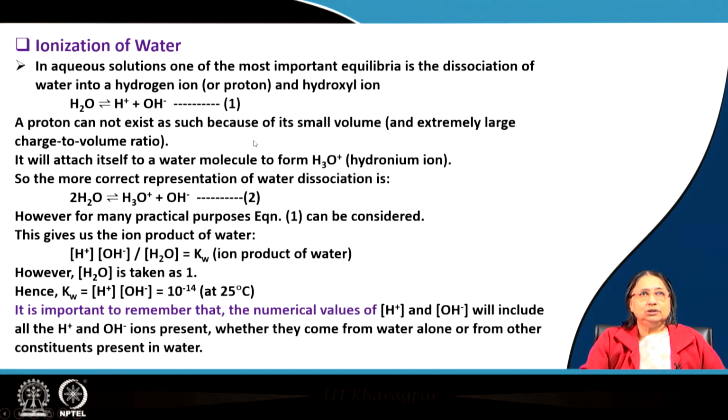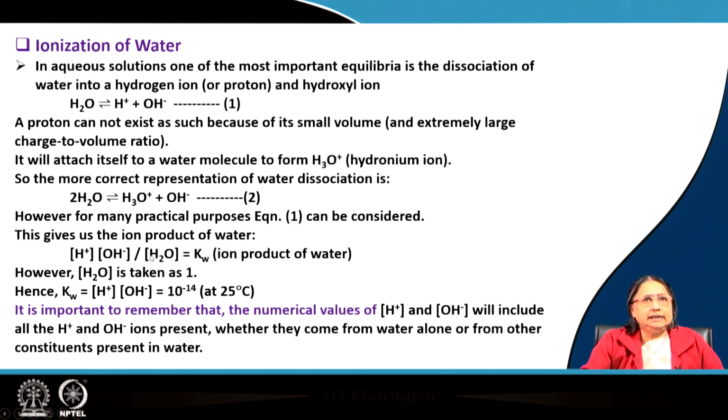It immediately reacts with another molecule of water to form the hydronium ion or hydroxonium ion. So basically it is better to write that equation, but for simplicity we always use this water dissociation expression.